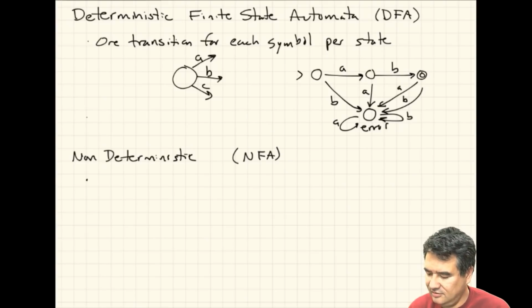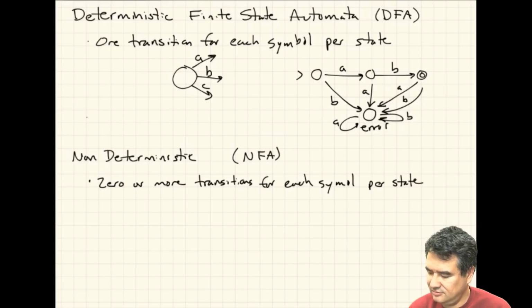And these can have, I should say, 0 or more transitions for each symbol per state.